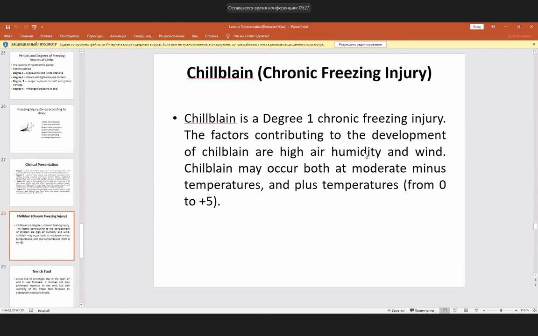Trench foot. Trench foot is a cold injury suffered in the trenches, described by army doctors. It develops in cold air and in wet footwear.